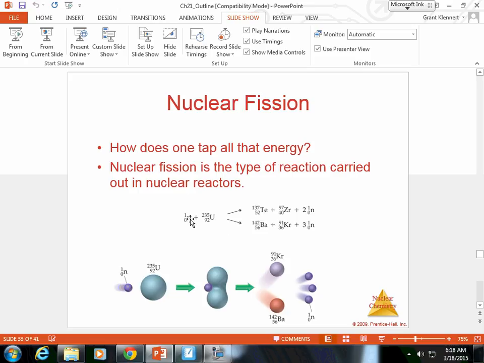So you can see here the chemical reaction. One neutron is going to hit an atom of uranium-235, and it can break into a variety of things. It's going to break into three things up here: Te, zirconium, and 2 neutrons, or barium, krypton, and 3 neutrons below.